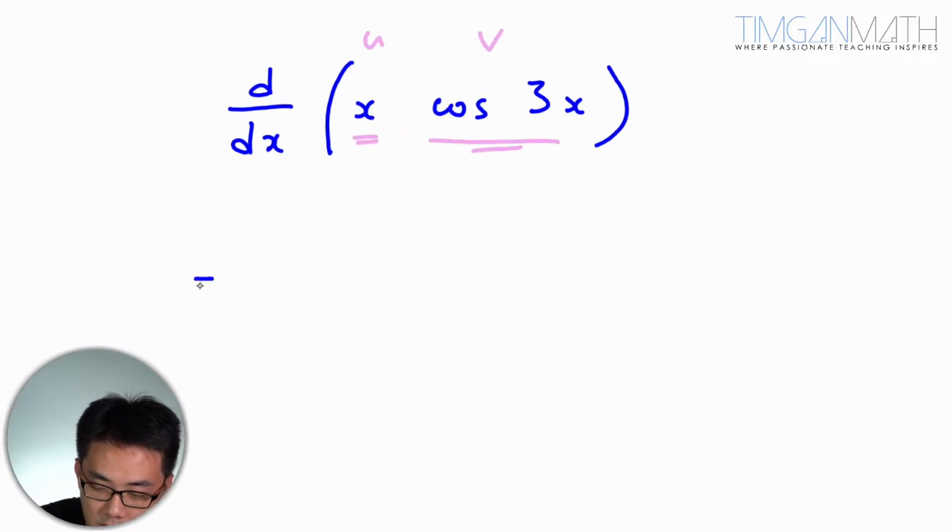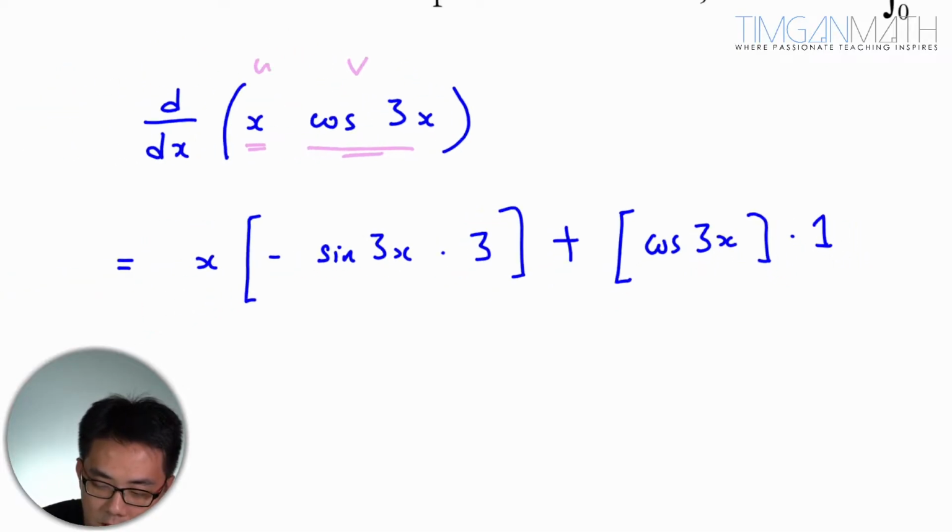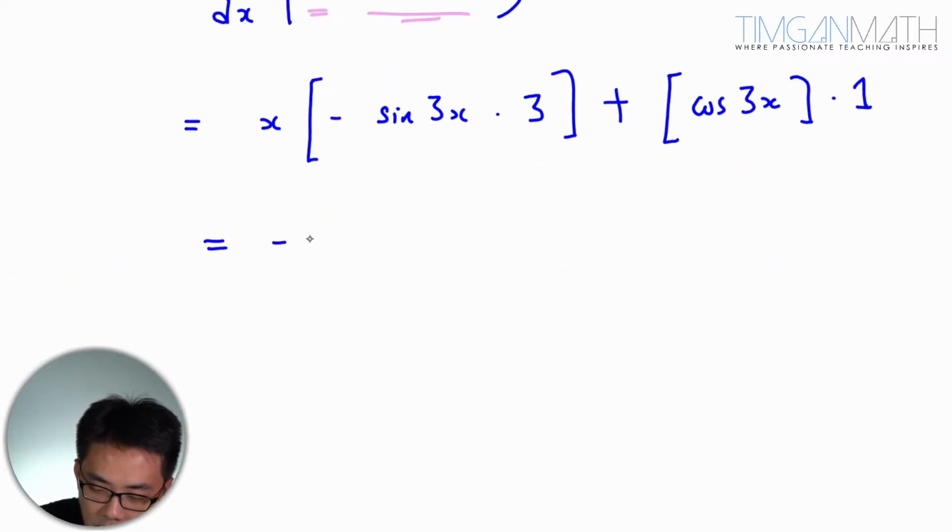So we have x times negative sine 3x multiplied by 3, since differentiating cosine gives negative sine, plus keep the one on the right, cosine 3x, times the derivative of u, which is 1. So this will just be negative 3x sine 3x plus cosine 3x.